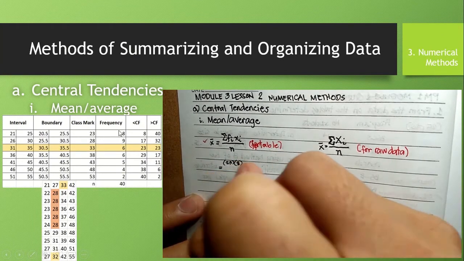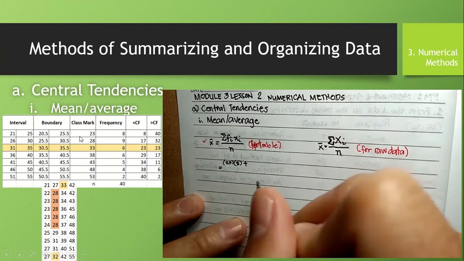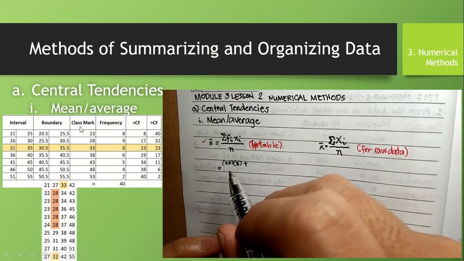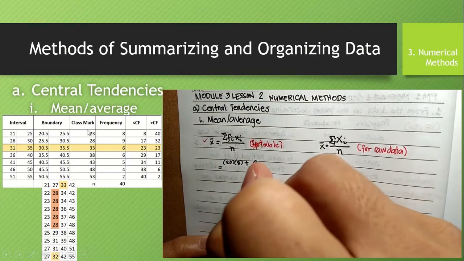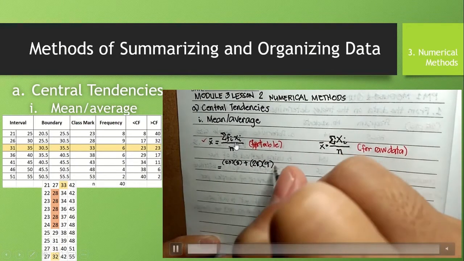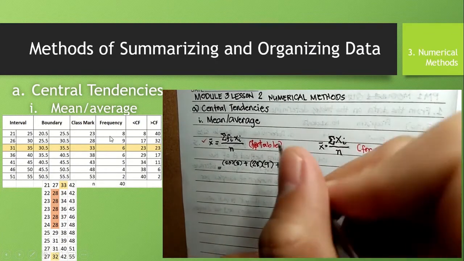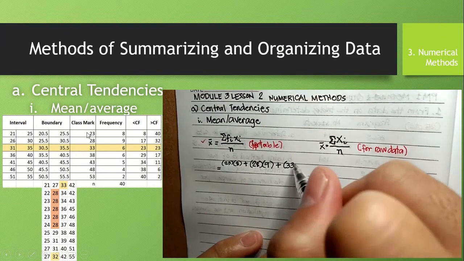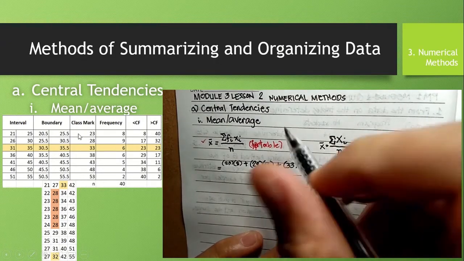Remember, we will be using the frequency and the class marks. The frequencies are the lowercase f, and the class marks are the lowercase x. When you say summation, we will be summing up all of the products of the frequency and the class mark of each respective row.